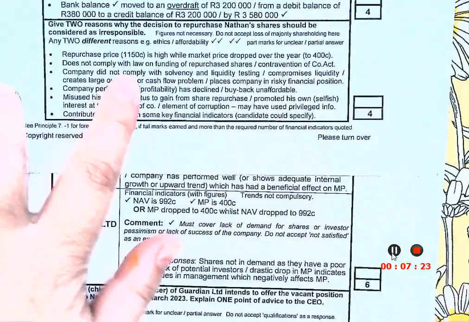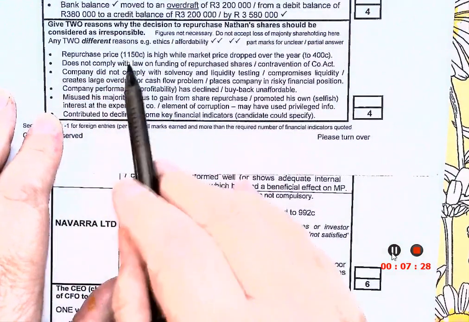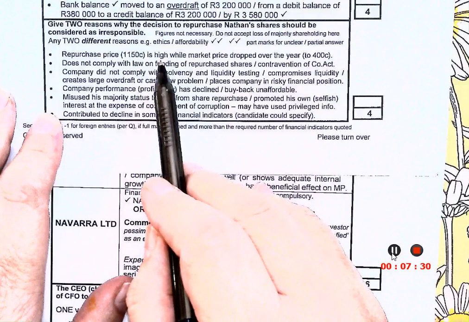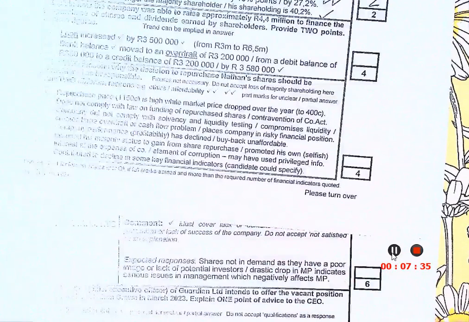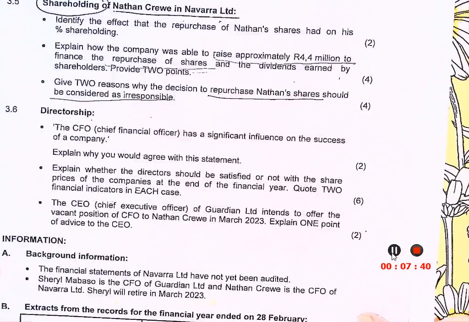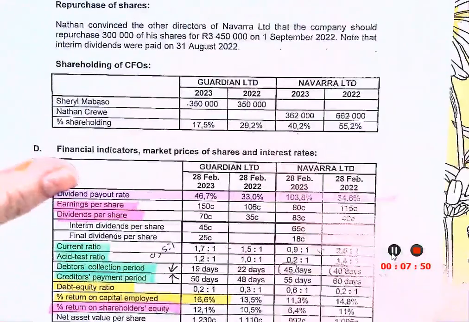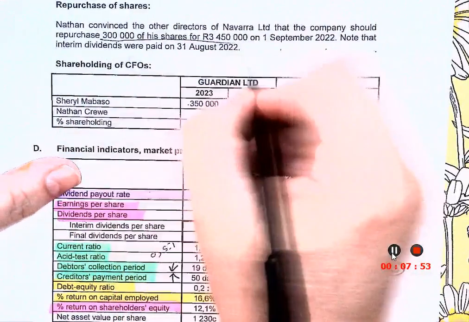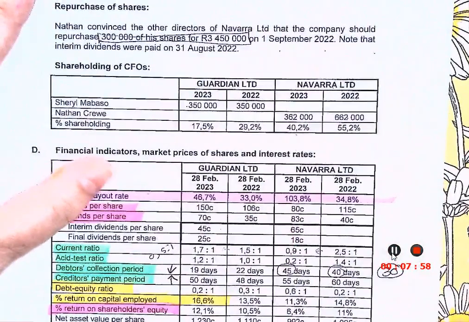So, first of all, the repurchase price is high. Now let's go see how they see that. Where did they tell me how much I'm buying? Remember, the fact that they told me here how much we pay him should be an indicator for you to see how much we paid per share.